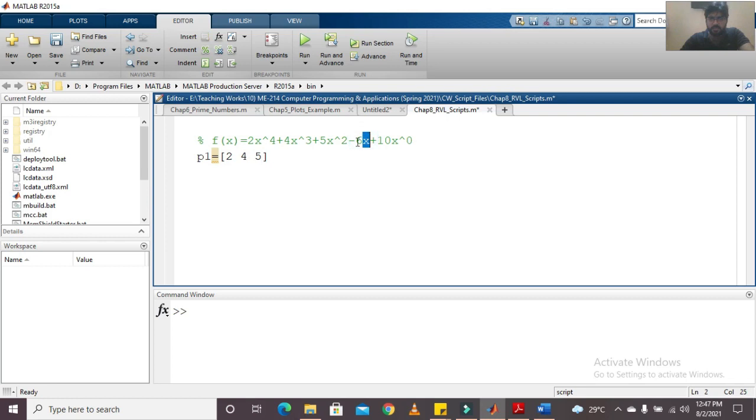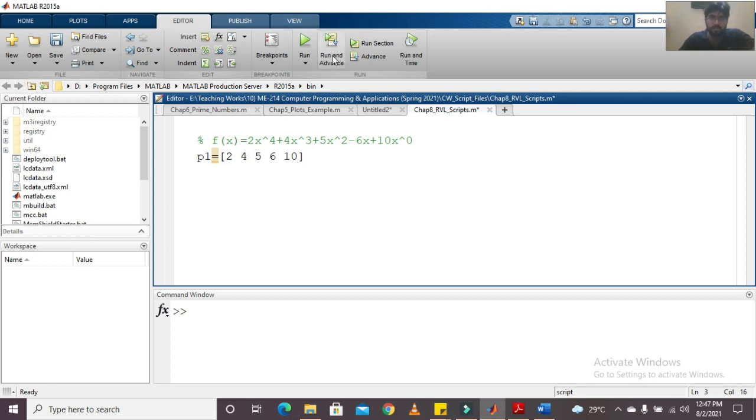Then x has a coefficient of minus 6, so I will write down minus 6. And the constant, which is x to the power 0, has a coefficient of 10. So this is how we define a polynomial using MATLAB.